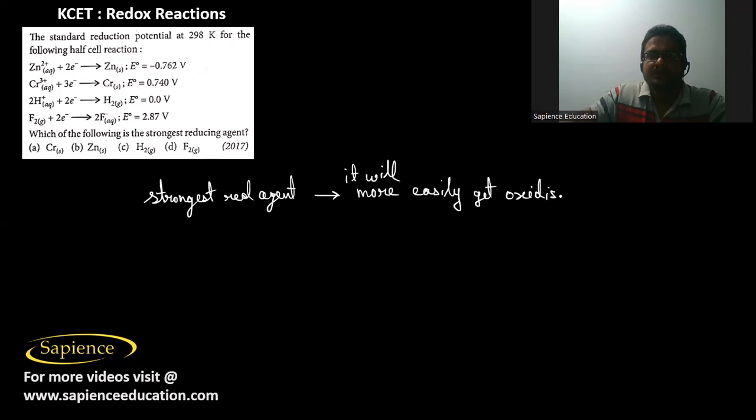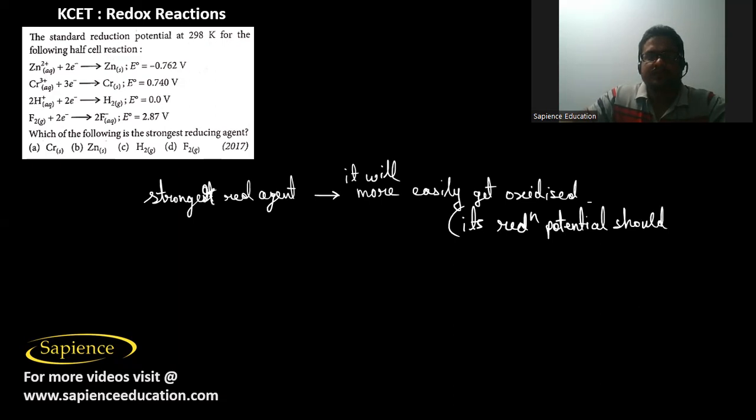So more easily get oxidized means that its reduction potential should be lower. For a stronger reducing agent, it should more easily get oxidized, so its reduction potential should be lower.